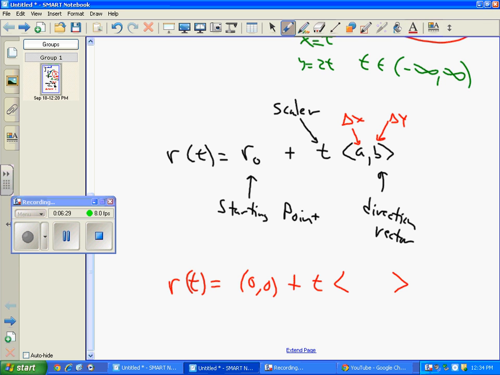If I want to get to the next point on the line, and x changes by 1, what expected change will we see in y? 2. So this is called the vector form of a line. It's going to be very handy tomorrow when we go into lines in 3D. I hope you did well on your quiz today.